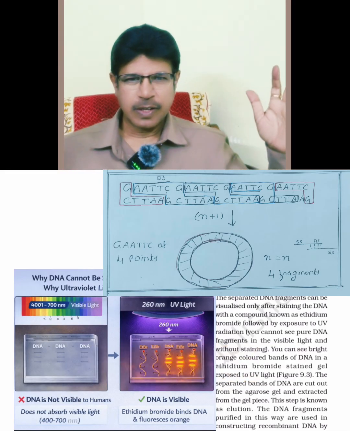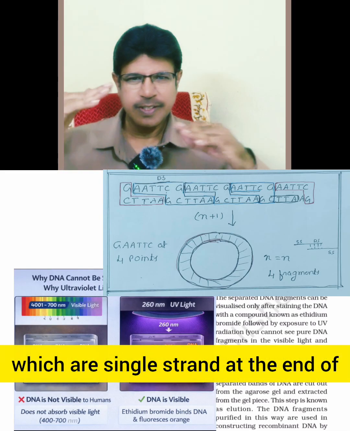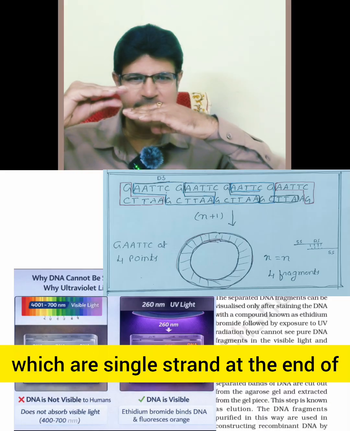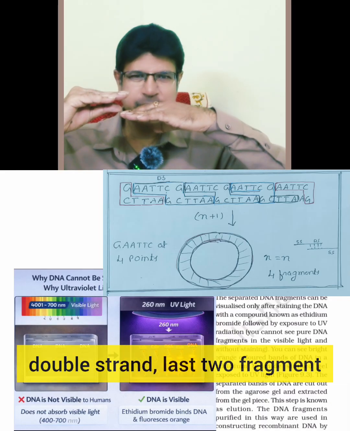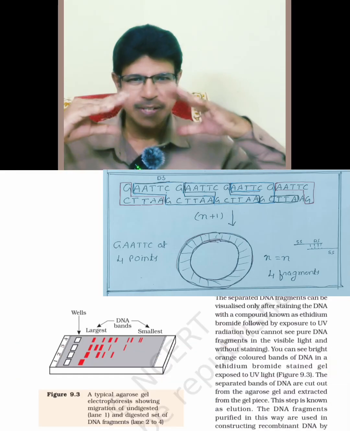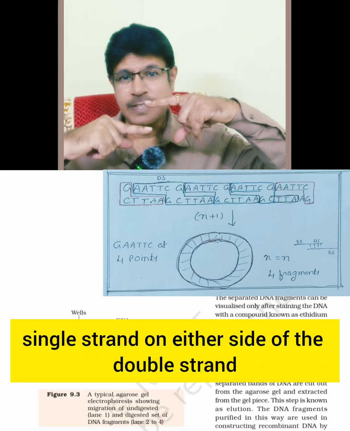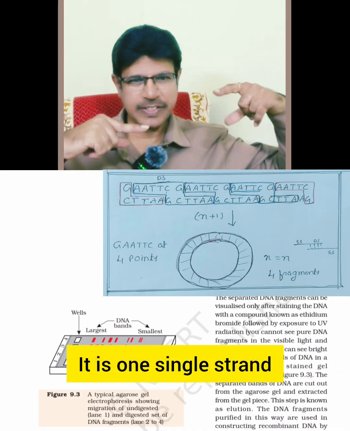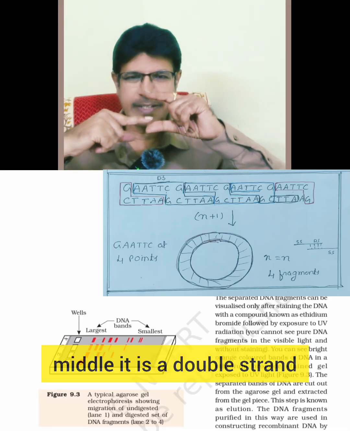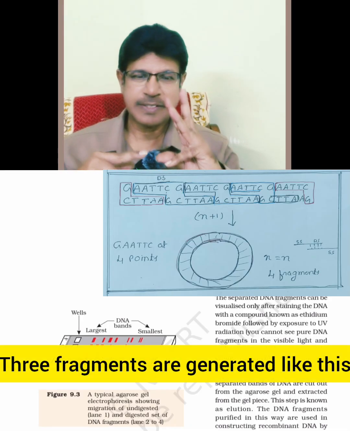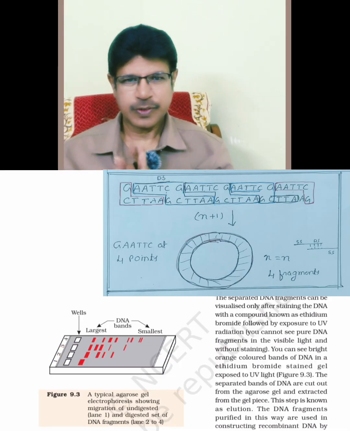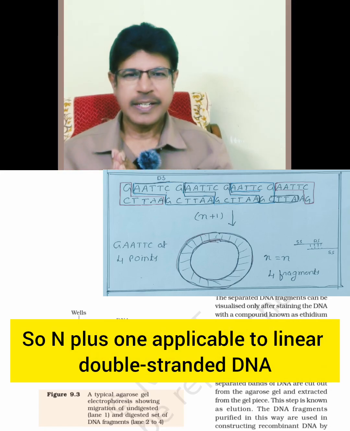Of the 5 fragments, the last 2 fragments have a single strand at the end of the double strand. In the middle 3 fragments, there is a single strand on either side of the double strand: one single strand, one single strand, and the middle a double strand. So n plus 1 is applicable to linear double-stranded DNA.